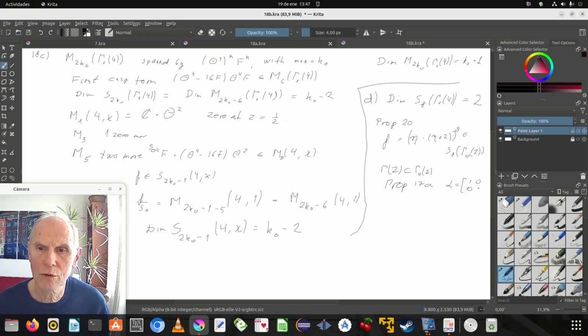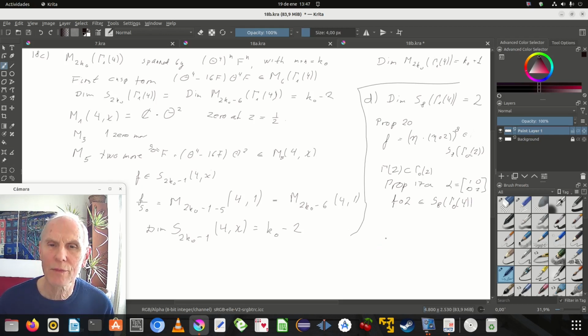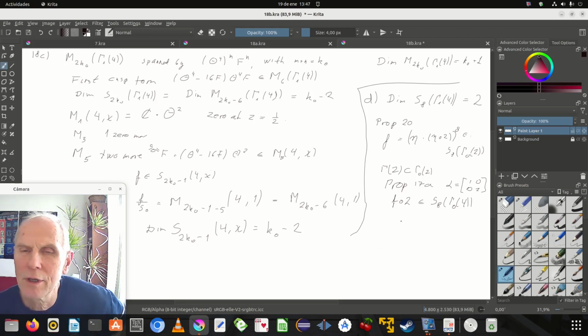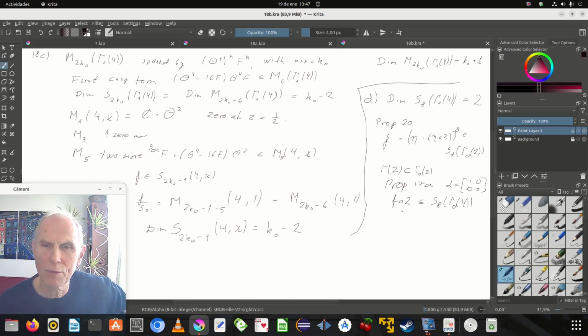One naught naught 2, which shows that f of 2 z then lies in, it's still a cusp form of gamma naught of 4. So yeah, opposite.